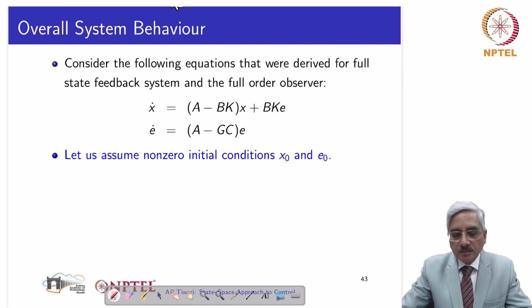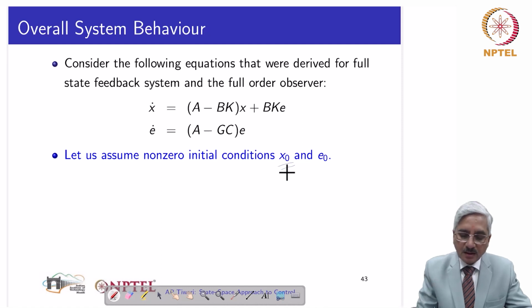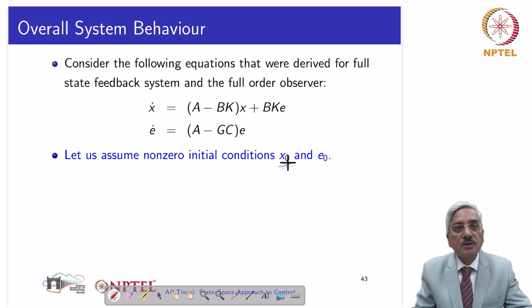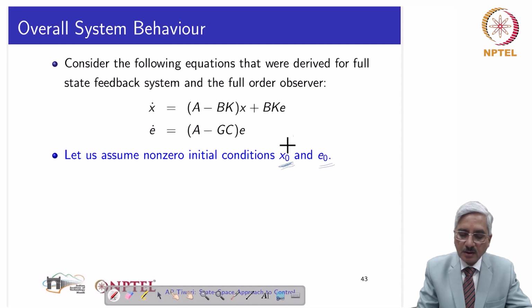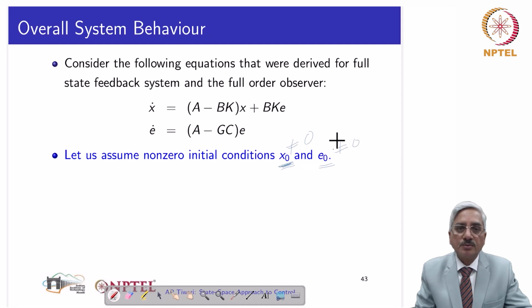And we assume that the system is not at equilibrium. The system is having a non-zero initial condition x0, and also the observer states are not fully converged, so the error is non-zero. We are assuming that both the initial conditions are x0 not equal to 0 and e0 not equal to 0.